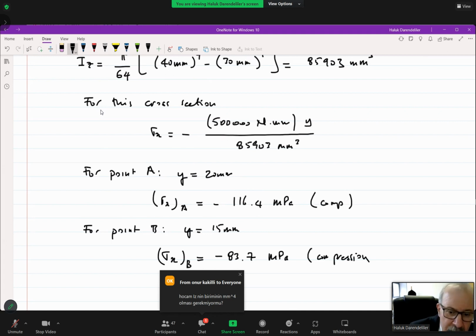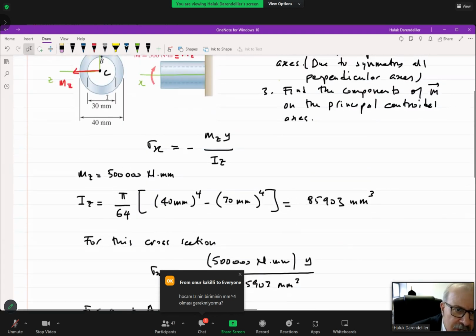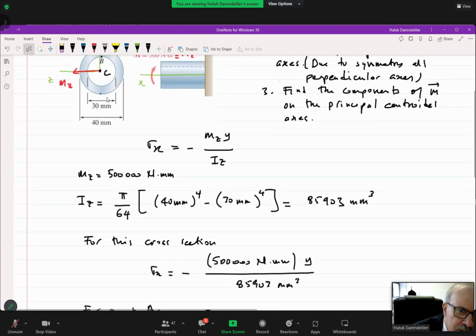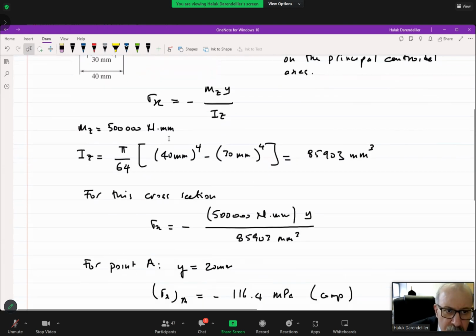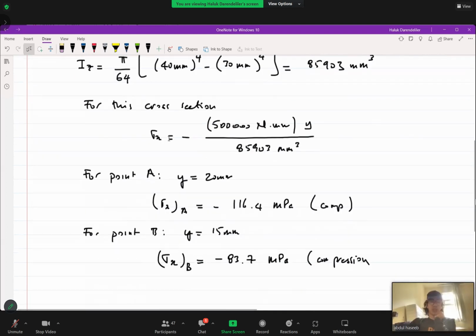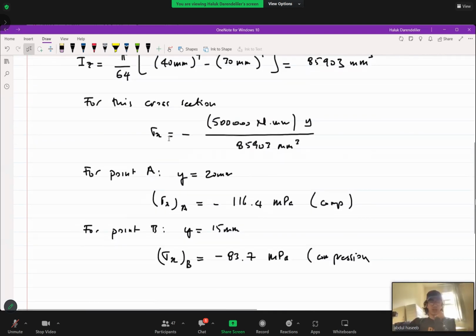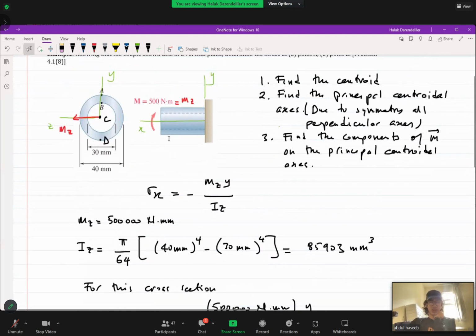Now, if I ask you the stress at this point, say D, what do you say for me? Do you know its magnitude? Same as A. Yes, its magnitude would be same as A, but the sign will be different. It's tension. Its sign is positive. Why?